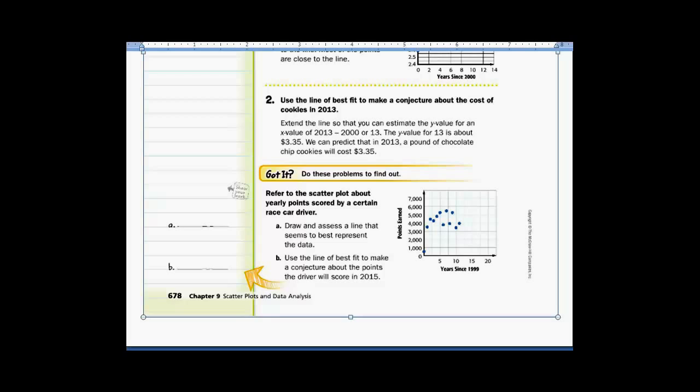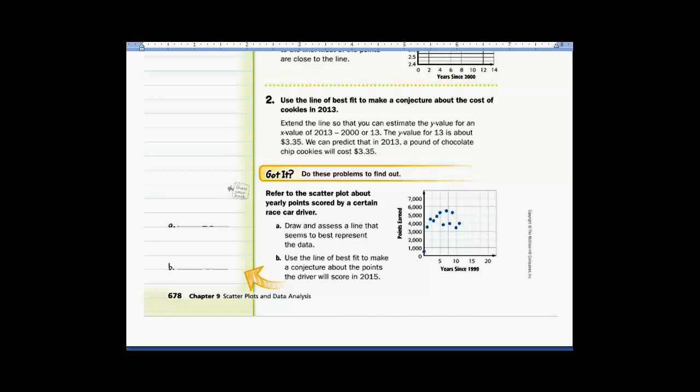All right, I want you to go ahead and pause it and try the Got It at the bottom. Maybe not draw those data points out, but where would you put the line? Where would you put the line? Okay, so we talked about not necessarily going through the most points, but going through the center of the points.